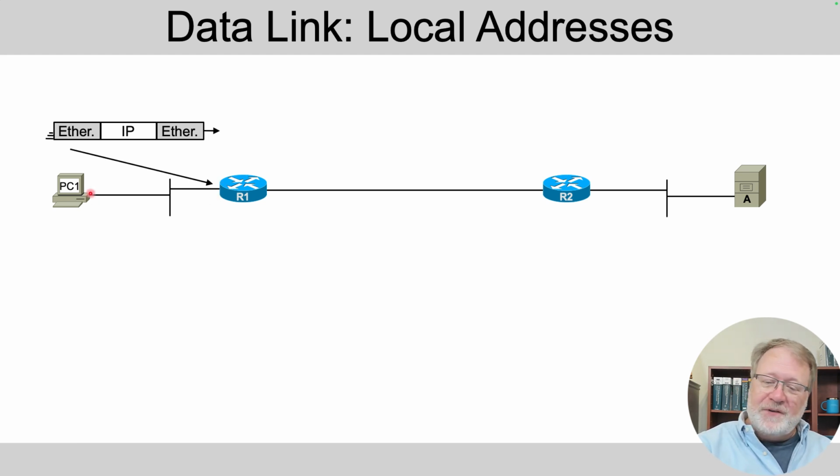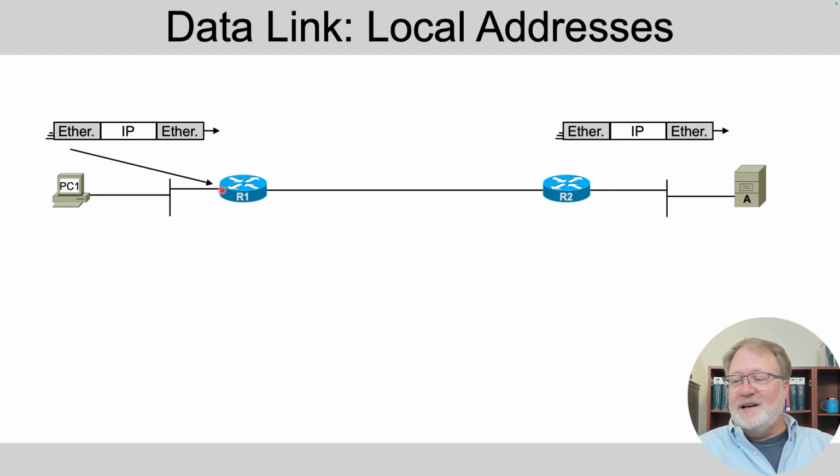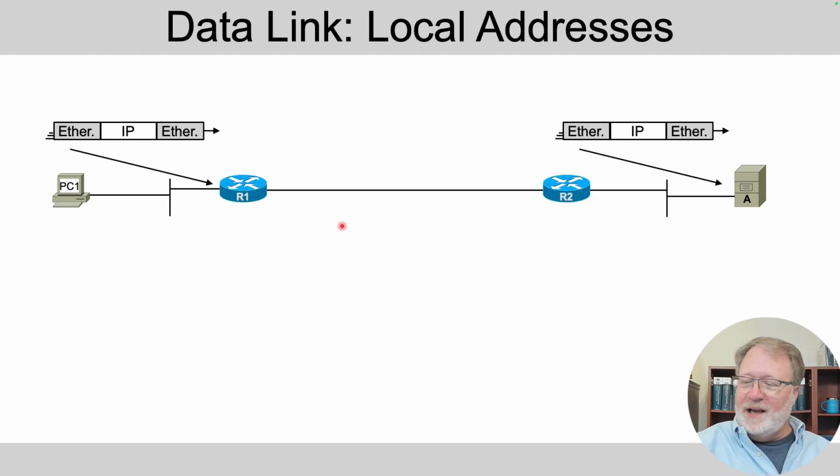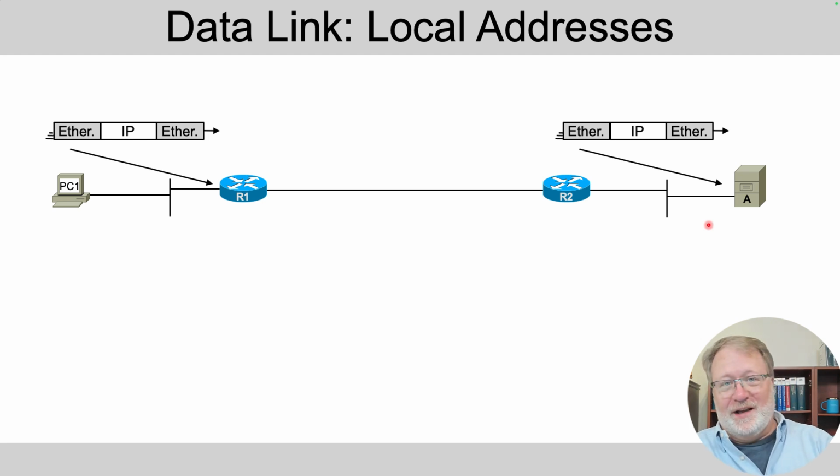So the PC's interface has an Ethernet address, the left-hand router interface has an Ethernet address, and similarly, once this packet traverses the entire network and gets on the right side, it's going to be encapsulated in another different Ethernet frame. Why is it different? Because that Ethernet frame's destination address is server A's Ethernet address over on that side. So by analogy, remember how we had a truck on the left and then a plane in the middle and a truck on the right? Well, the local driver on the left, he might be in a town that's 1,000 miles away from the one on the right, okay?